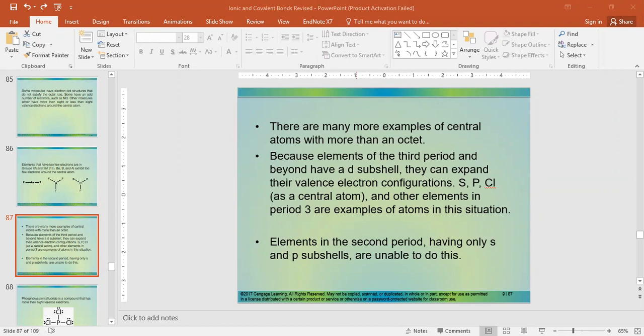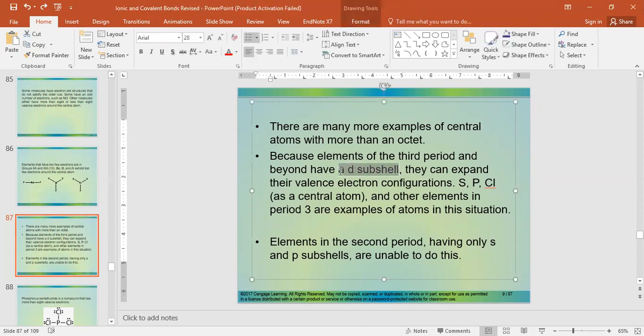This 3p4 shows that they have a d subshell. The moment you talk about n is equal to 3, n is equal to 3 will have s orbitals, p orbitals, and also d orbitals. The only difference for phosphorus, chlorine, and sulfur is that these d orbitals are not going to have any electrons.